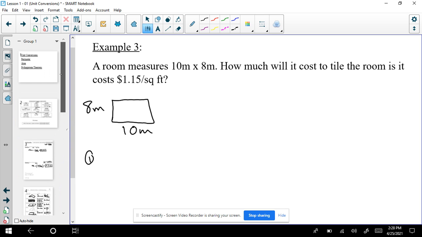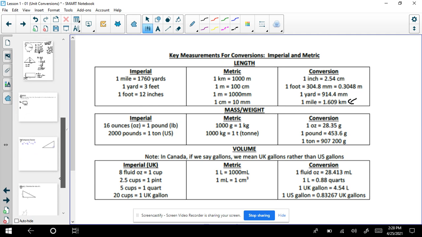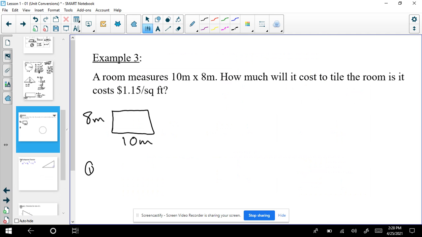So for my conversions, I'm going to slide back up here. Do we have meters to feet? So for 1 foot, it's 0.3048 meters. So then I'm going to take that conversion and slide back down here. So for the first one, we'll start with 8 meters. I'm going to do 8 meters times, and I'm going to put feet on the top because that's what we need.